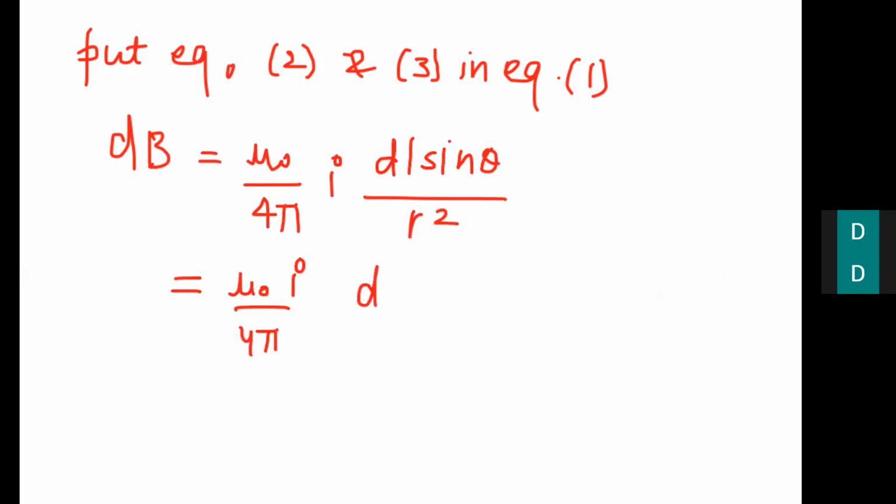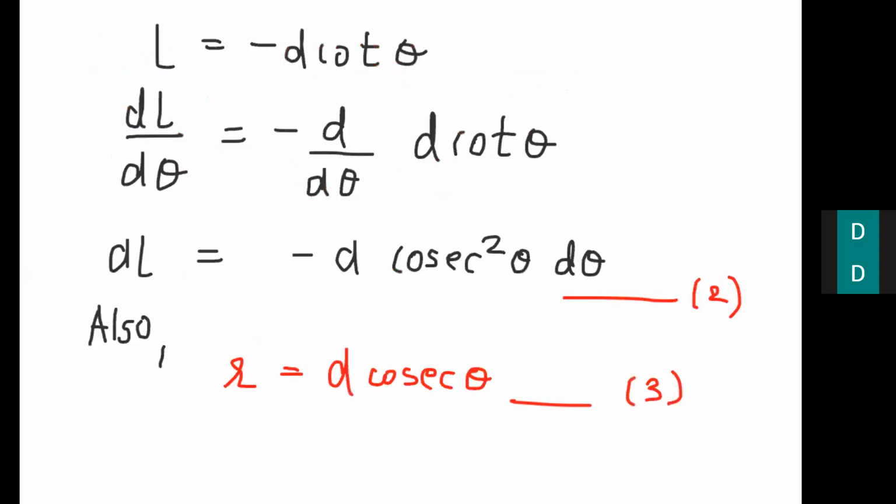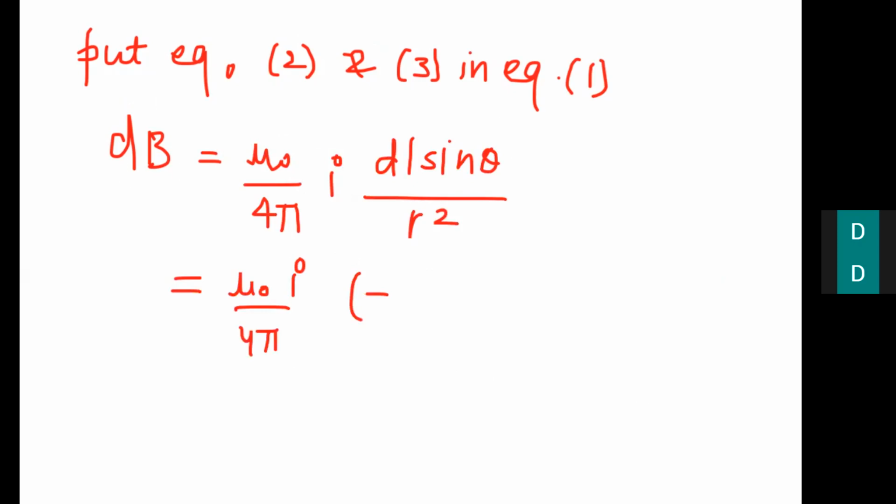So dl is minus d cosec square theta. So we substituted this dl.